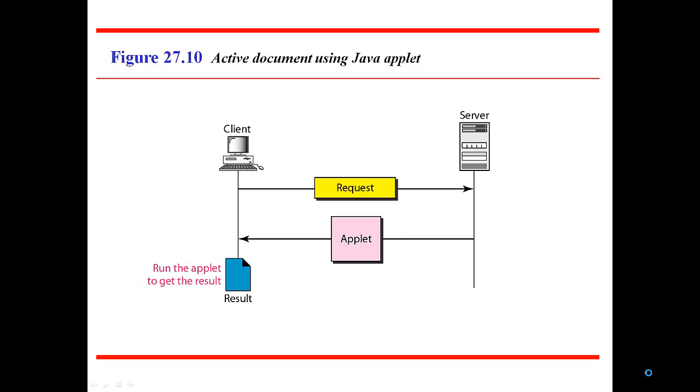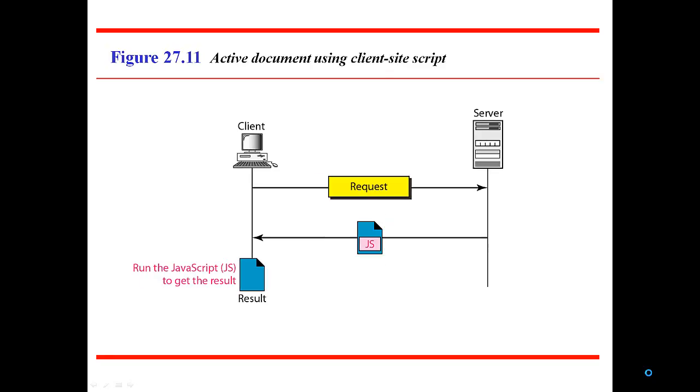Applets are really fading pretty fast just because JavaScript is easier and better, and the applets could represent a security risk. So I think there's going to be a day when you probably don't see that many applets getting served up. So client-side script is really where the money is today. It's JavaScript.